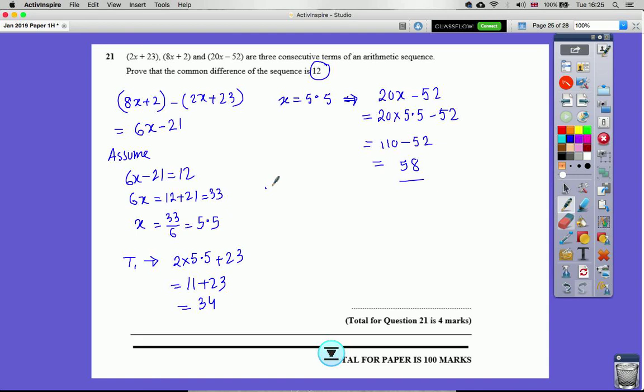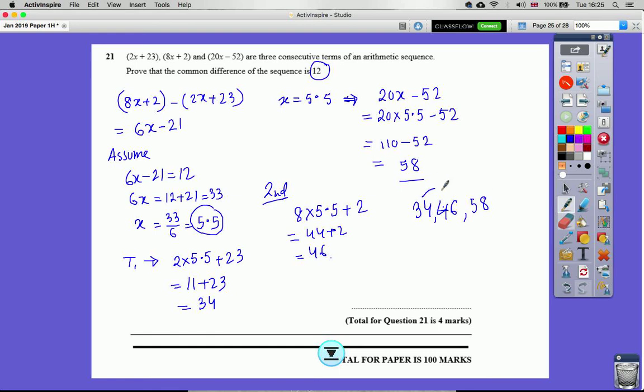And the second term, 8 times 5.5 plus 2, which is going to be 44 plus 2 is 46. So the three terms that we have got based on x equal to 5.5 are 34, then we got 46, and we have got 58.